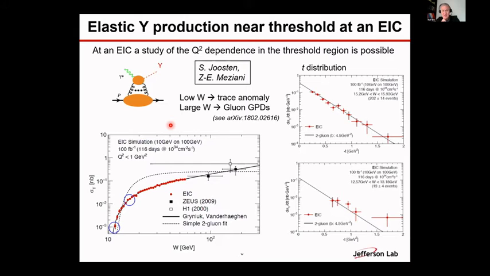And by that, you can infer information about this trace anomaly. So you do that by the different experiments close to threshold, measuring these t distributions, and that essentially will constrain it. Now, that being said, at low W, say for instance here, where these data are, you get the best constraints on the trace anomaly. And of course, if you go to larger W, you get more and more sensitivity to gluons.